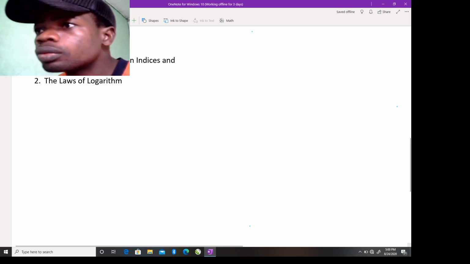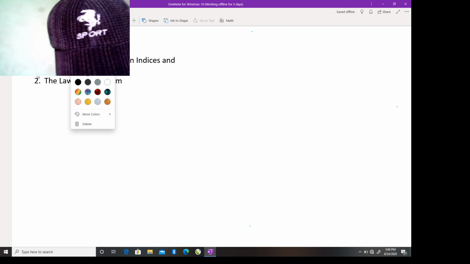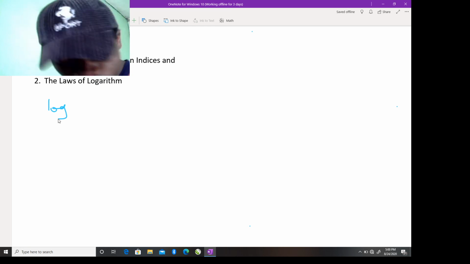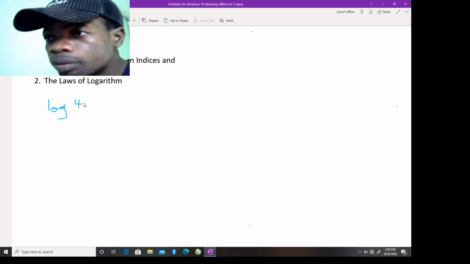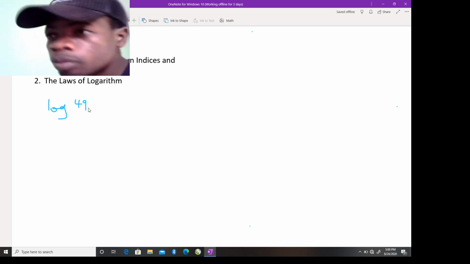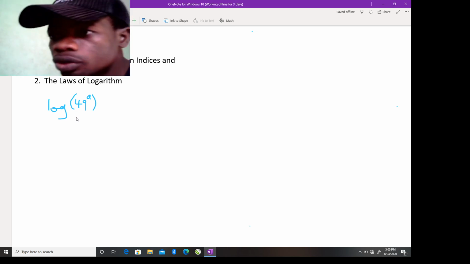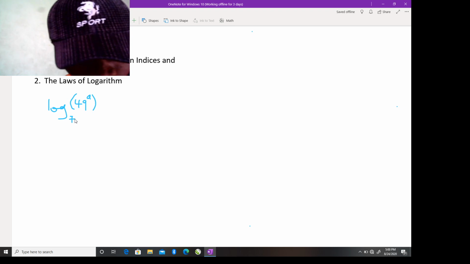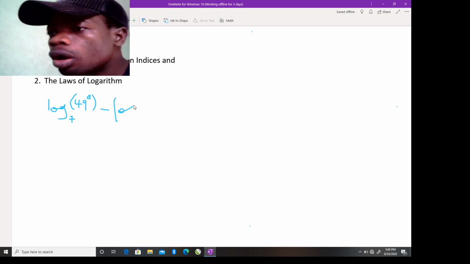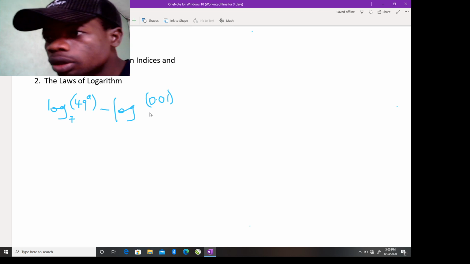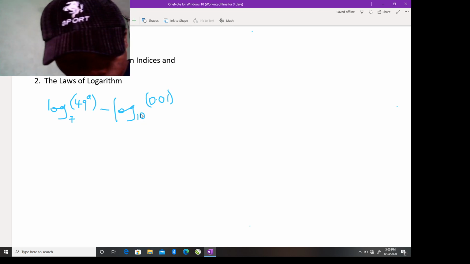The question says, what is log 49 raised to power of a, this bracket, base 7, minus log 0.01, close brackets, then base 10. So how do we go with this?